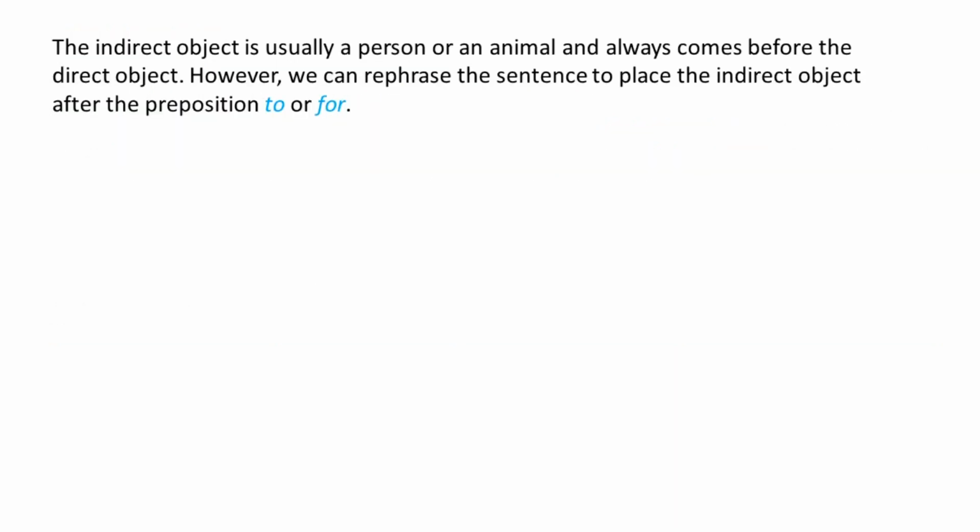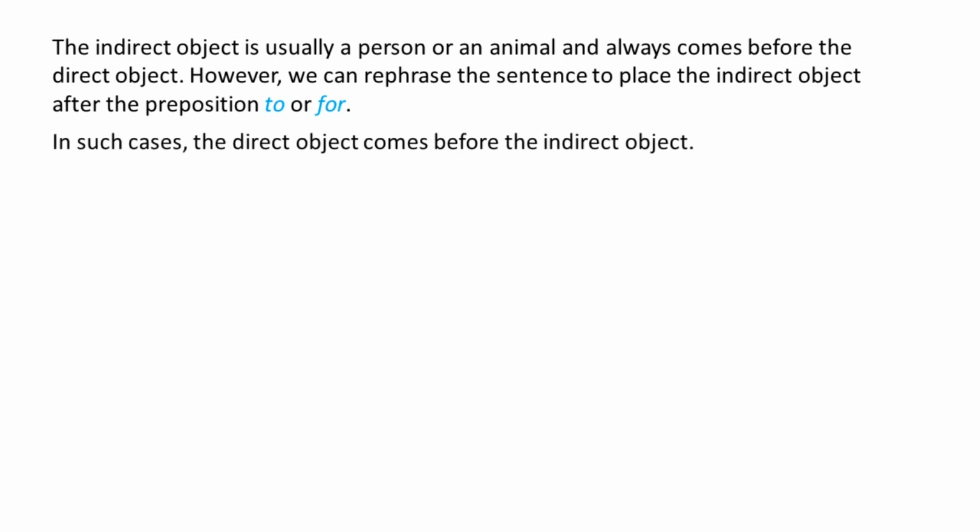The indirect object is usually a person or an animal and always comes before the direct object. However, we can rephrase the sentence to place the indirect object after the preposition to or for.